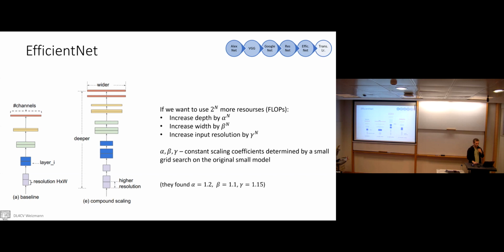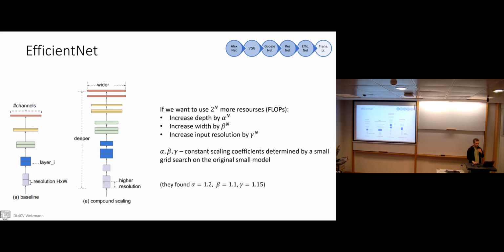So they start with some base architecture that they want to expand. They said, now let's say we have twice as many compute resources available. So n equals 1, so we have 2 to the power of 1 more resources available. And they did a grid search over alpha, beta, and gamma on how to scale this small model such that it will achieve a better accuracy.